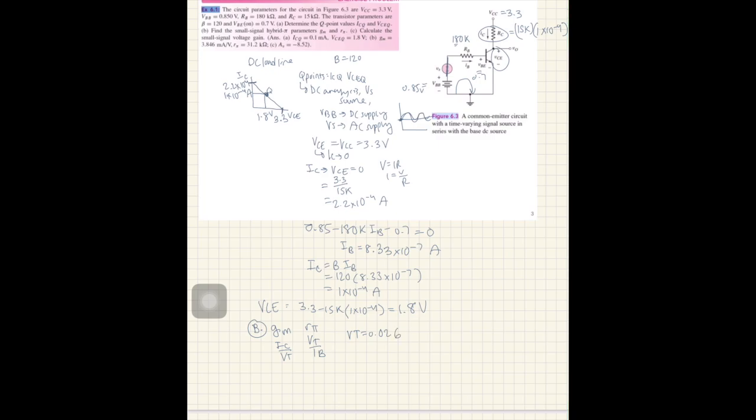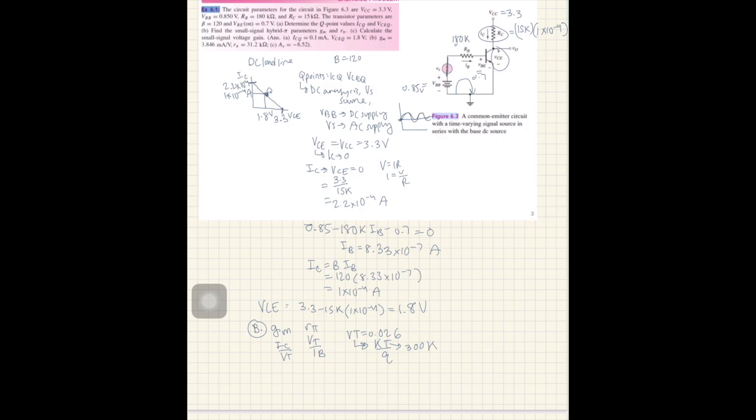Because VT is kT over q, where k is the Boltzmann constant, T is the temperature in Kelvin, and q is the magnitude of electron charge. So depending on your temperature, which the standard one is 300K, your VT would change.